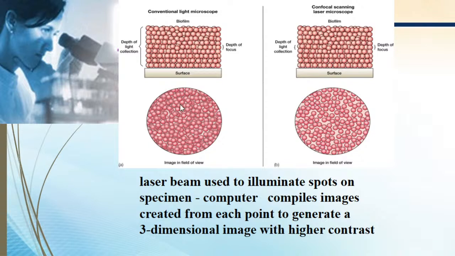In this case, you see that in the left image the field of view has no contrast, but in laser confocal microscopy it is more detailed, with more contrast and higher resolution for the identification of different types of cells.